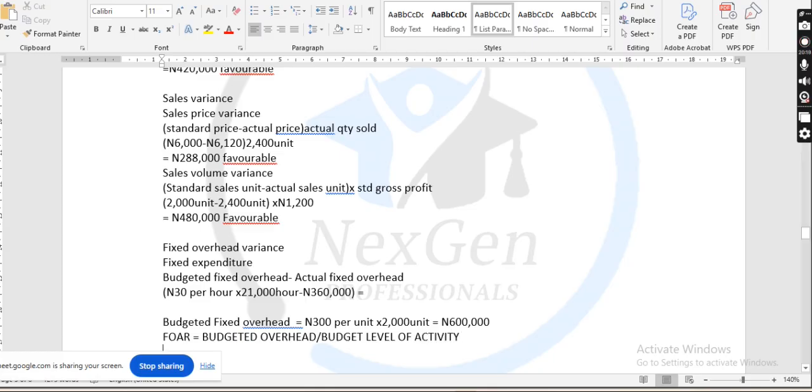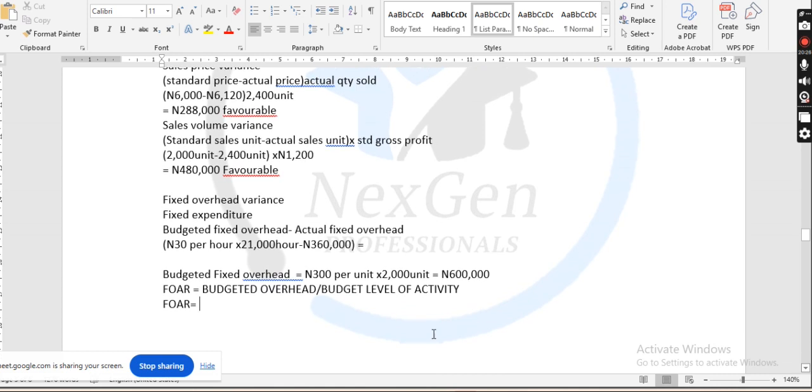In this case, FOAR equals 600,000 divided by 2,000 units, which equals 300 naira per unit.